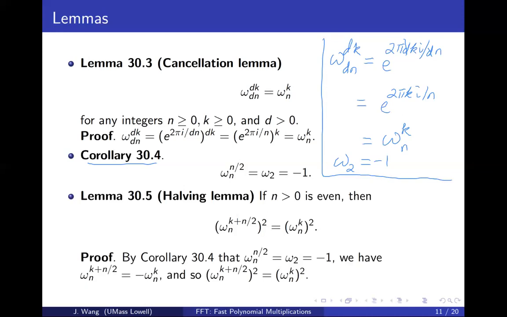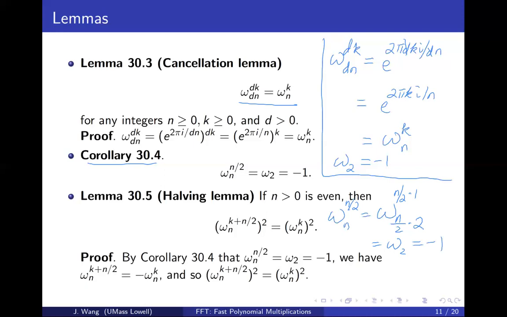The reason is you can think of omega n to the n over 2 as omega with d equal to n over 2 times 2, and k equal to 1. So d is n over 2, and from the cancellation lemma this is equal to omega 2, since n over 2 is canceled. So that is equal to minus 1.